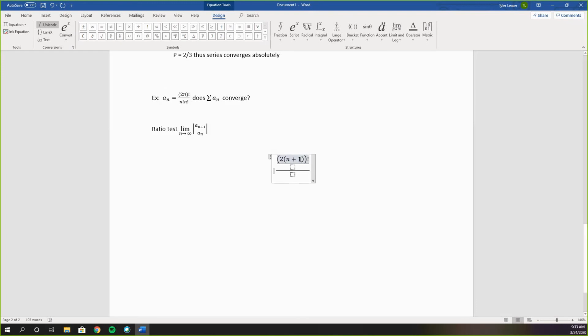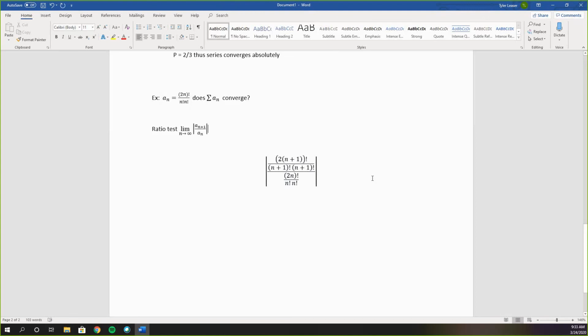Make sure that you're putting that n plus 1 in its own parentheses like that, because you are going to have to distribute the 2 in there. And then my denominator is going to be n plus 1 factorial times n plus 1 factorial. The denominator here, just my sequence term a sub n, is just going to be copying this down. So it's another fraction, and we're going to have 2n factorial, and then divided by just n factorial, n factorial.